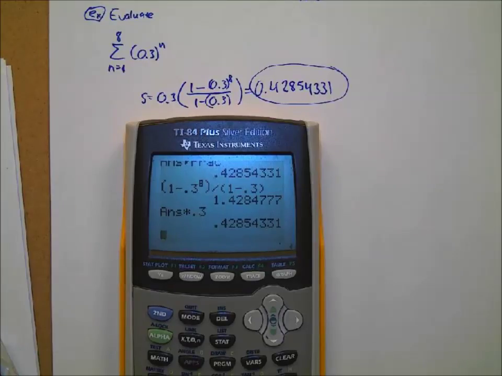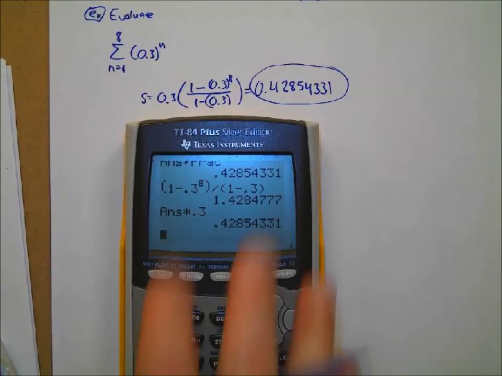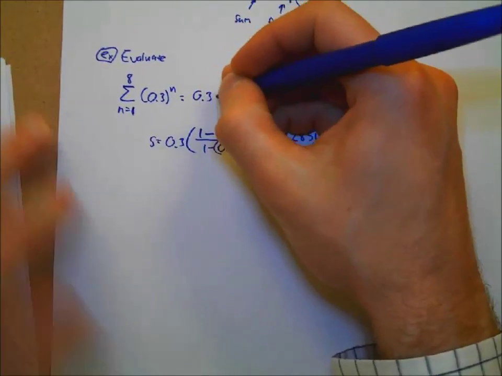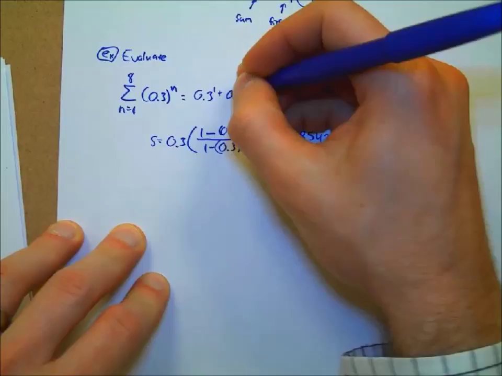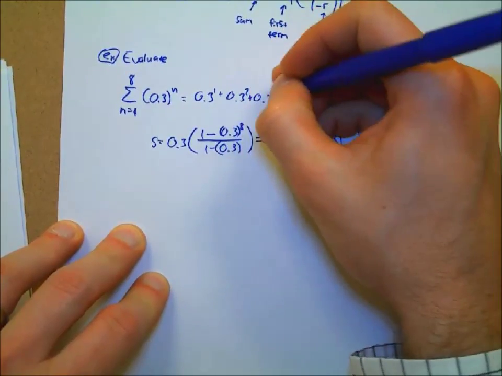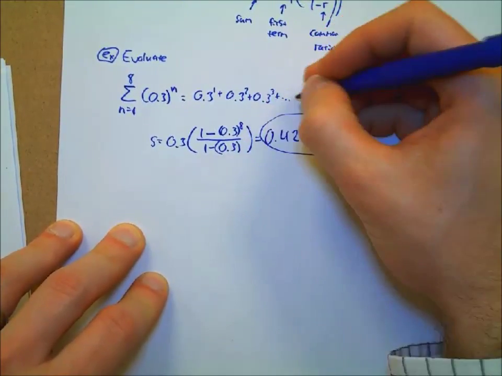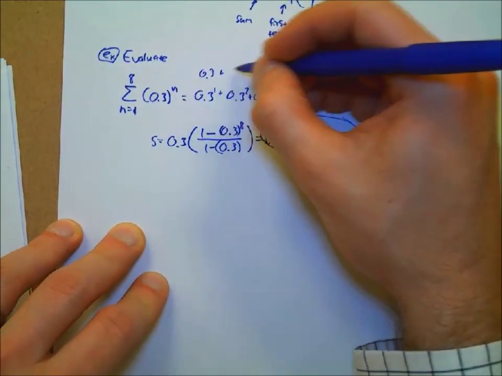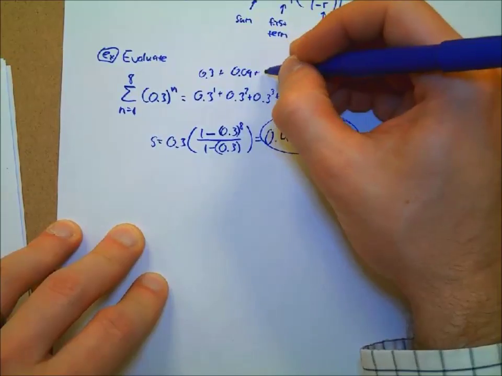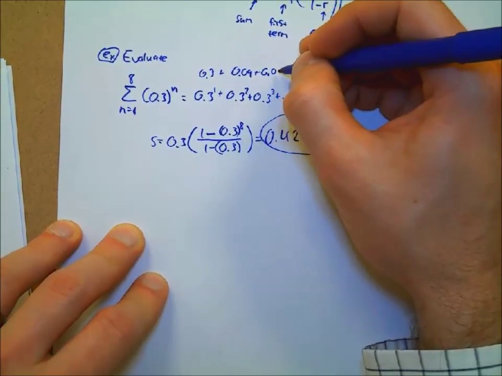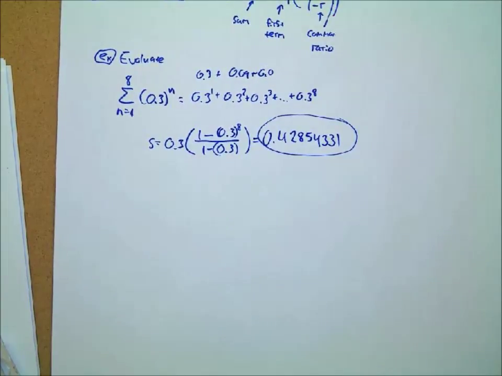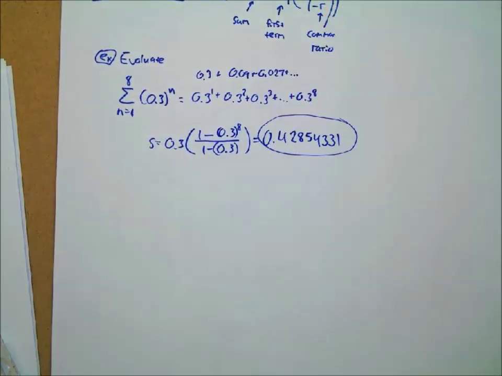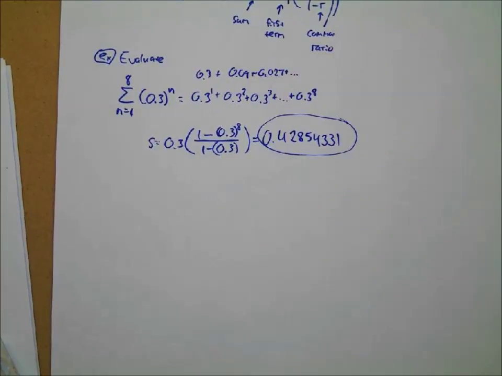Questions on that? If you have some trouble, feel free to write out the first couple terms: 0.3, 0.09, 0.027. You get the idea. You can write out those first couple terms if you need to, just to help you out.